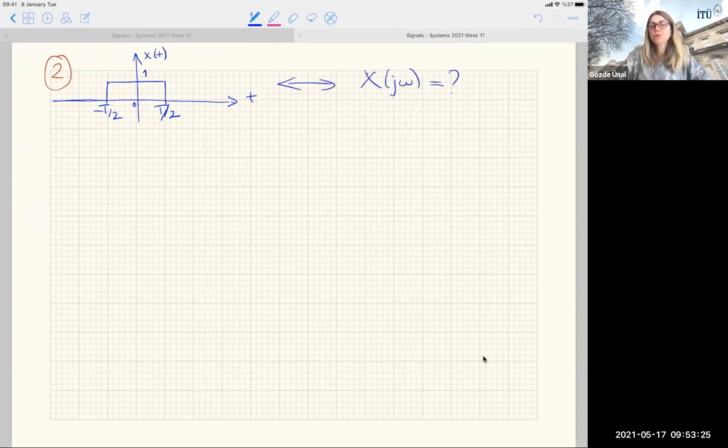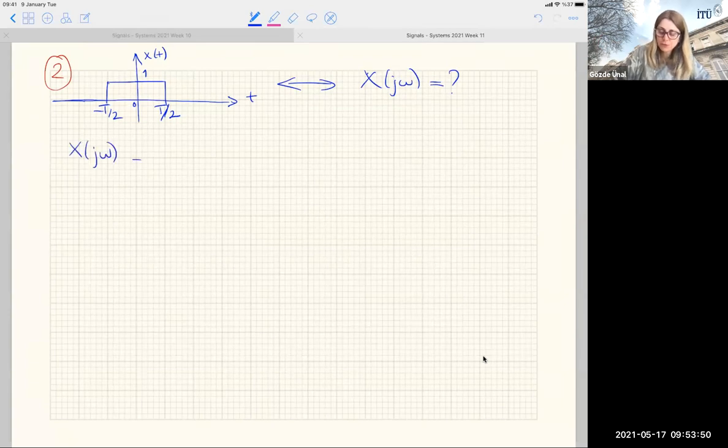So what is the Fourier transform of this square or rectangular pulse signal? This is like an ideal window-like signal, used to extract a certain range of a signal. It's a classical standard signal, so we want to find its Fourier transform.